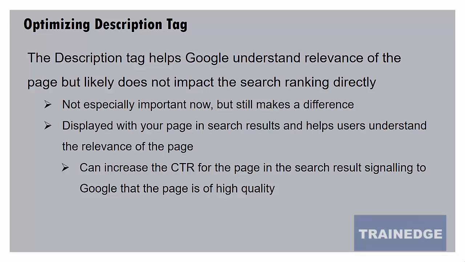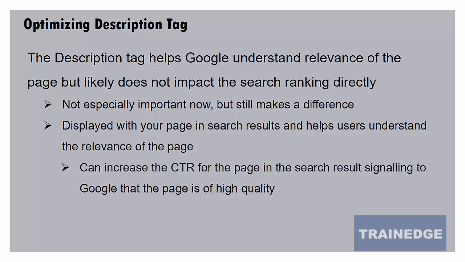The description tag itself does not directly help in search ranking. It is a relevancy signal, but Google says it does not use the description tag in ranking the pages. Whenever your page is included in Google search result, the page description is displayed below the page title.